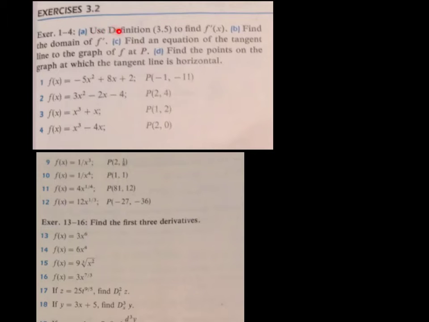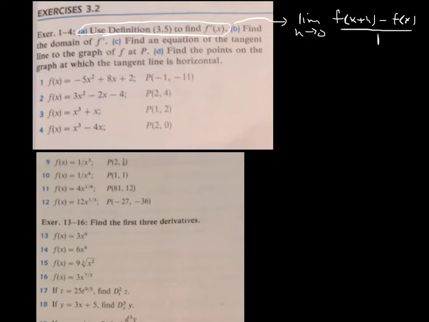For part A, they ask you to use the definition to find f prime of x. When they ask you that, what they mean is this: the limit as h goes to 0 of f of x plus h minus f of x over h.